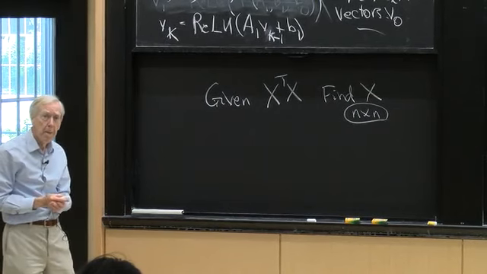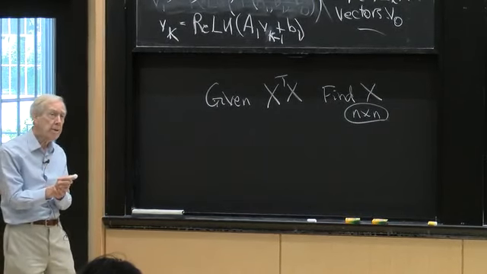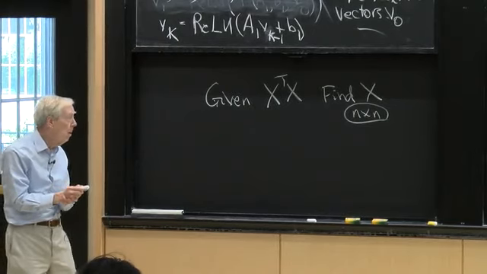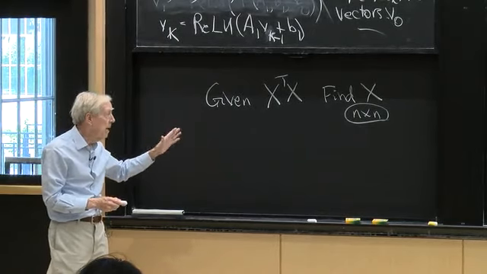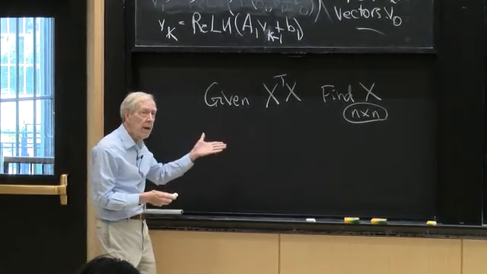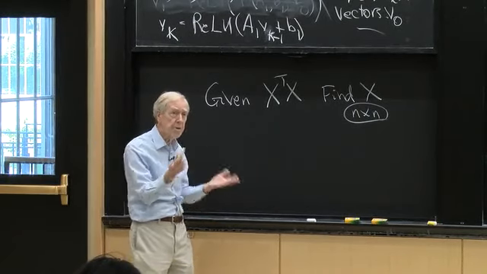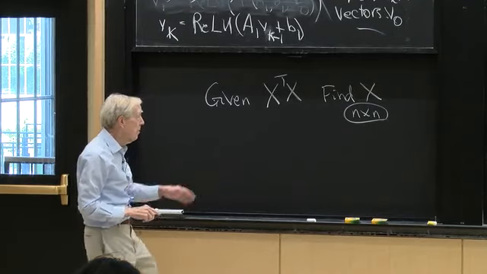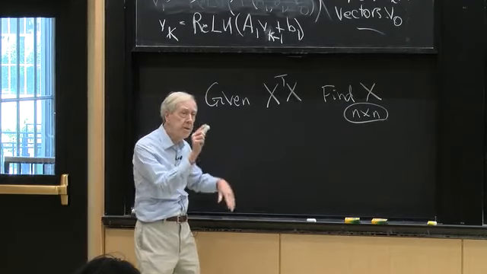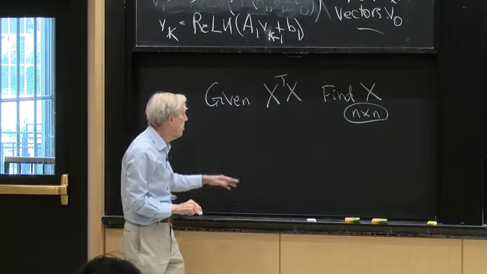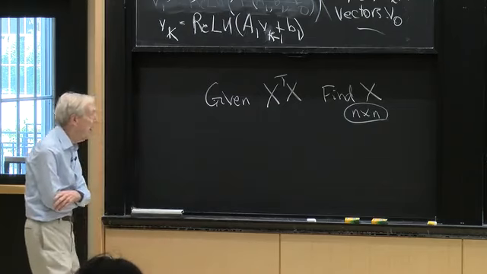Could you do it? Would there be just one x? No. If you had one x, multiply that by a rotation by an orthogonal matrix, you'd have another one. So this is you finding x up to an orthogonal transformation. But how would you actually do that?